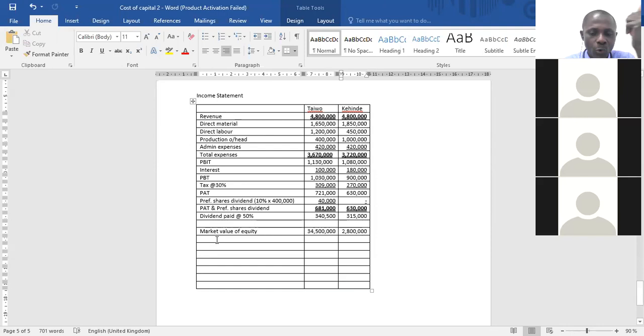Now, is our dividend growing? Let me ask you that question. Let me unmute you to answer the question. Do you think our dividend is growing or is constant? Look at it. It's constant.